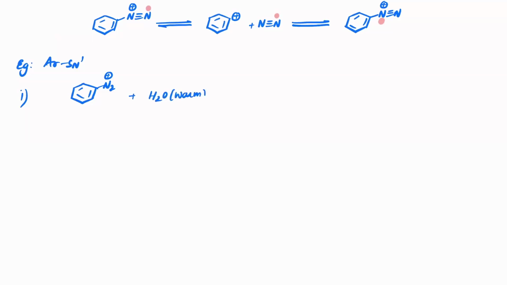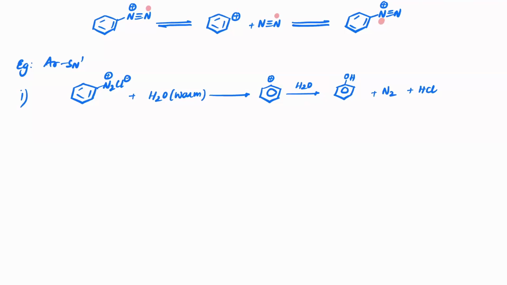When you react with water, it will go through that carbocation formation first, and then H2O will attack on it, thus giving phenol as a product plus N2. Phenol will come out as a product, and the H+ which is released will become HCl, because the diazonium salt will always come with Cl minus like this. This is the product formation. Got it?